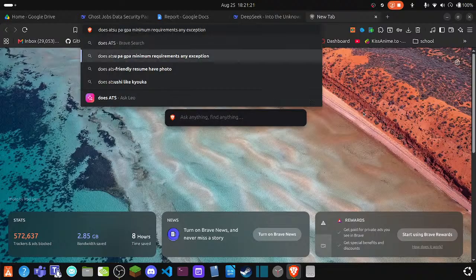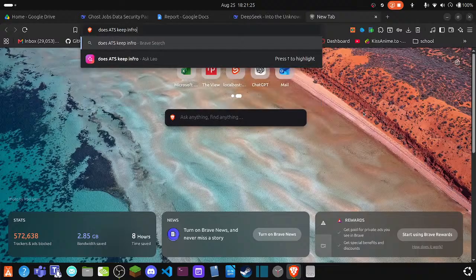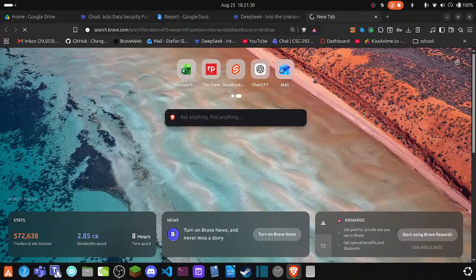Does ATS keep information in a database?